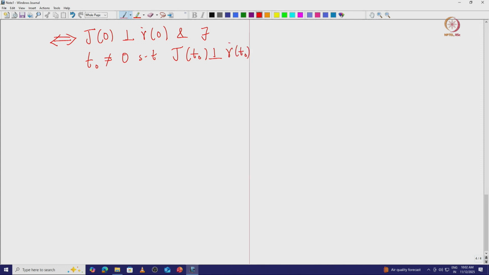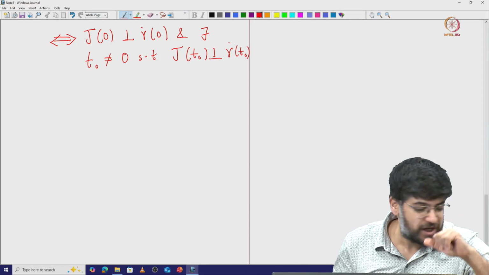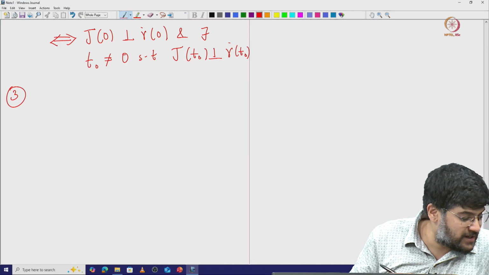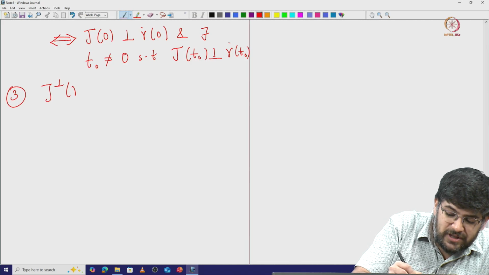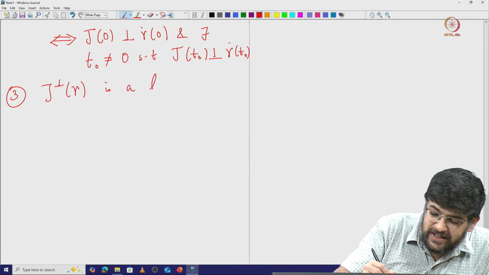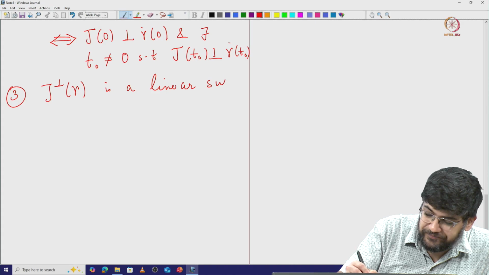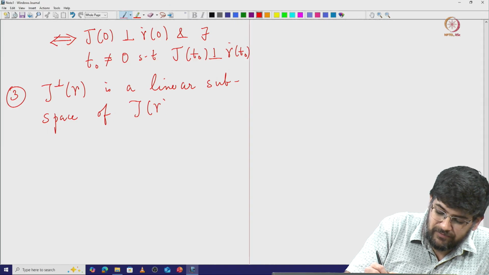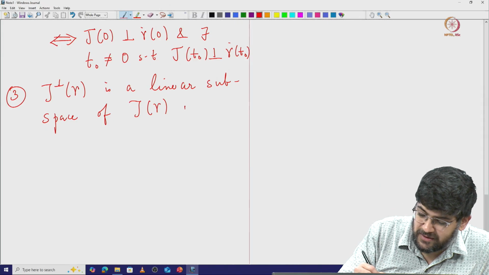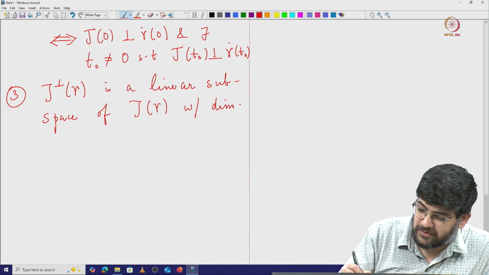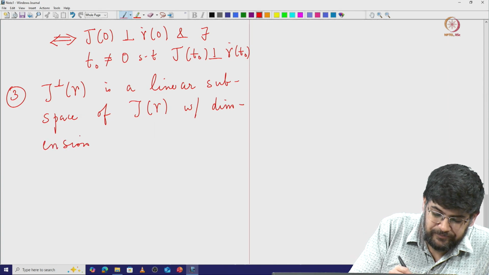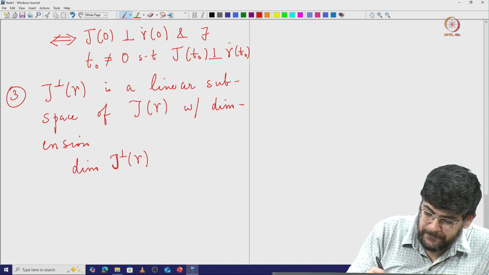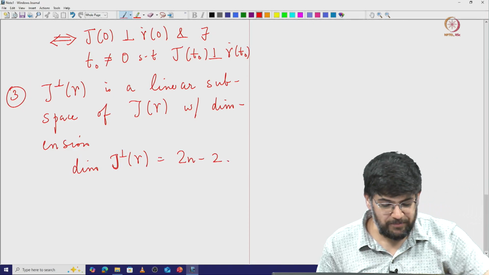So both these criteria are equivalent to J being a normal Jacobi field. And as a consequence of this, the set of normal Jacobi fields is a linear subspace of dimension 2n minus 2.